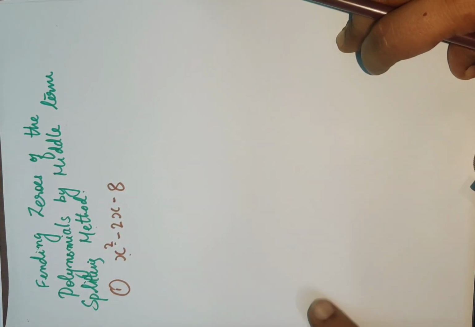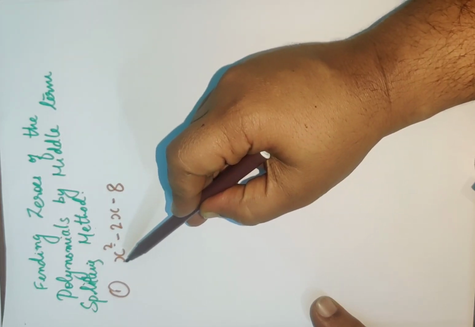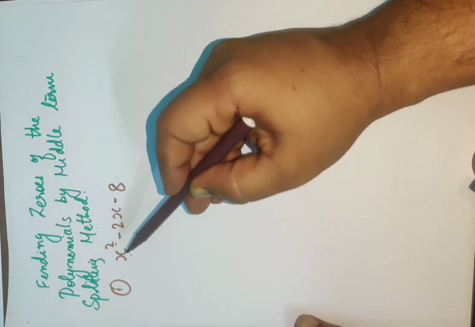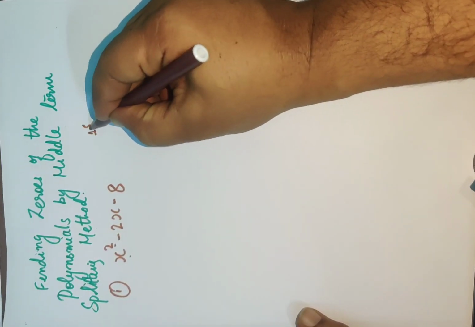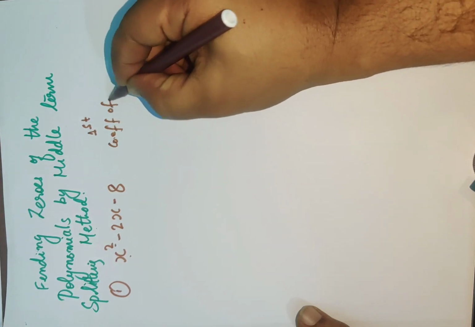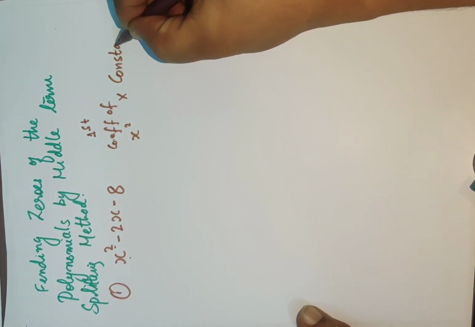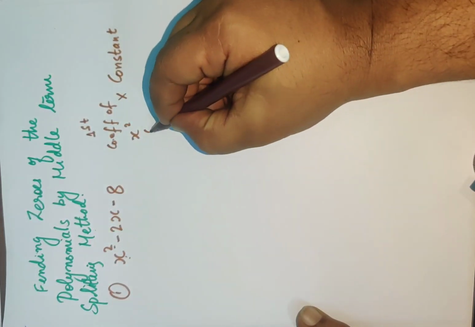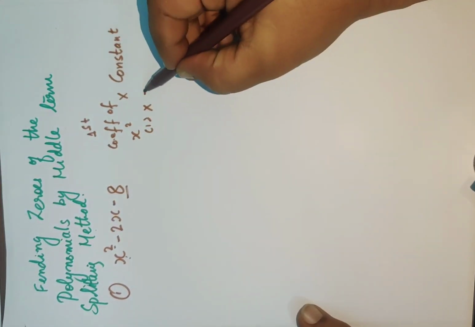Okay, so first of all you need to understand what is the coefficient of the x square. First step, coefficient of x square multiplied by constant. What is the coefficient of the x square? Which is nothing but 1, multiplied by constant, the last one, minus 8.